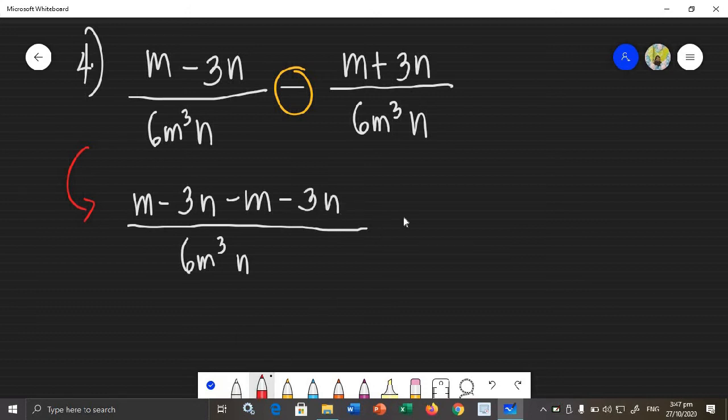Okay, now that we wrote the given over a single denominator, we will observe the numerator. Kung ano yung pwede nating pagsamahin. So in this case, we can combine negative 3n and negative 3n, as well as m and the negative m.